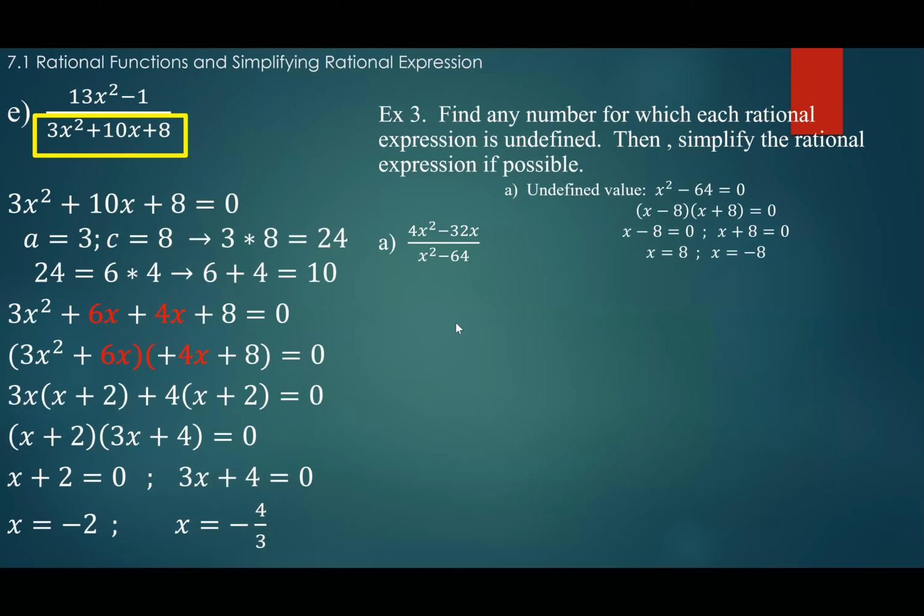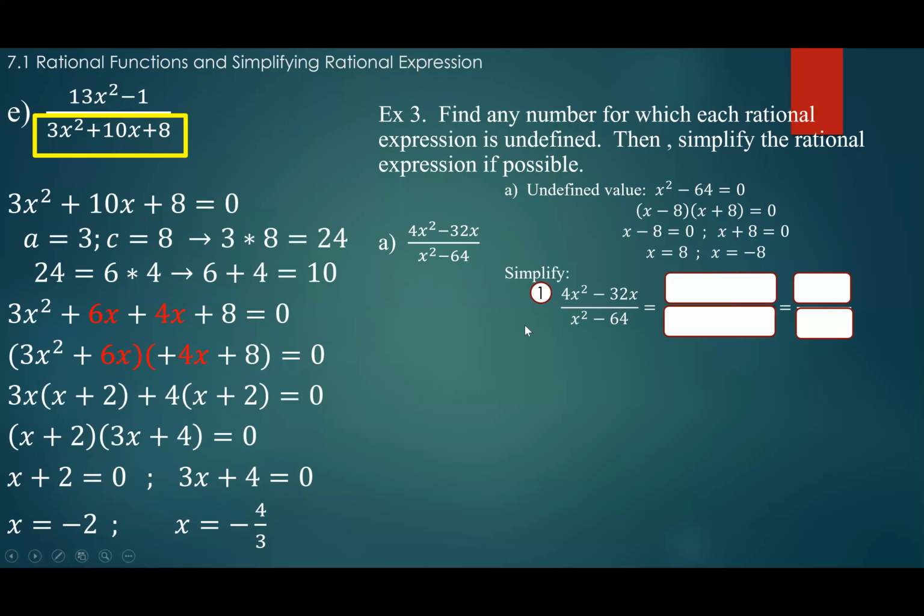Now, how do we simplify this expression? This is what I tell my students: ladies and gentlemen, just treat your numerator and your denominator as two separate problems. Treat your numerator as one problem. Let's forget about the denominator for now and focus here.